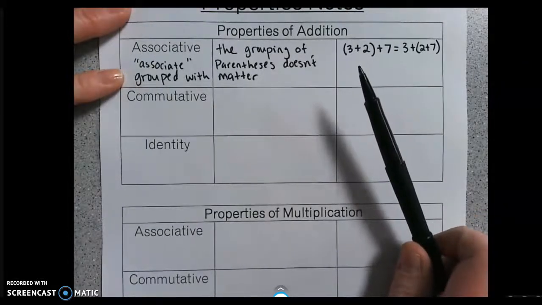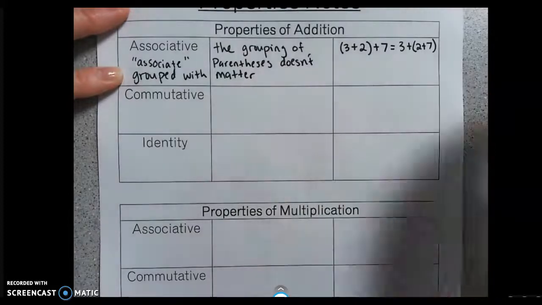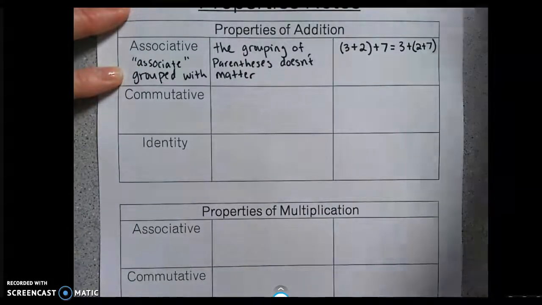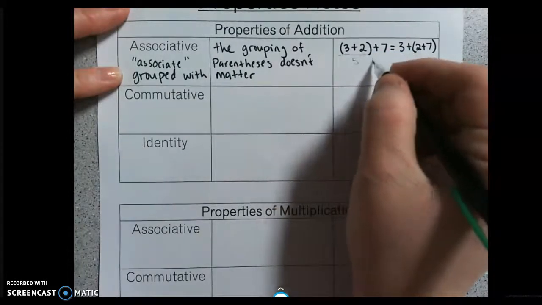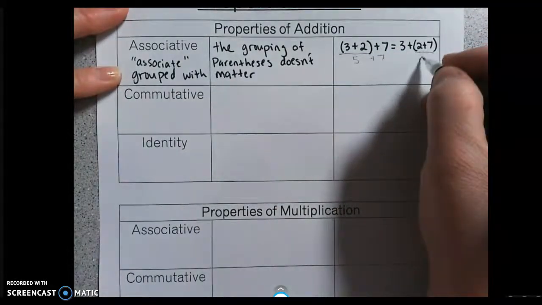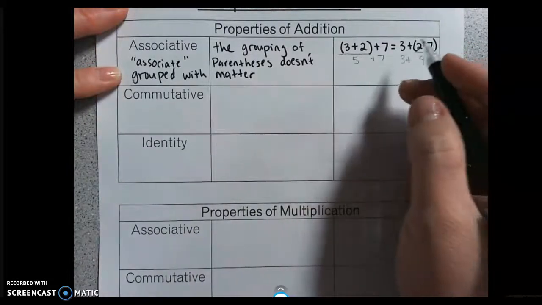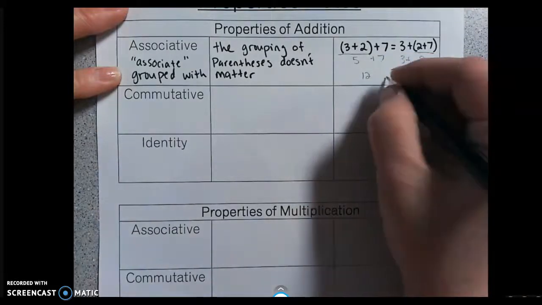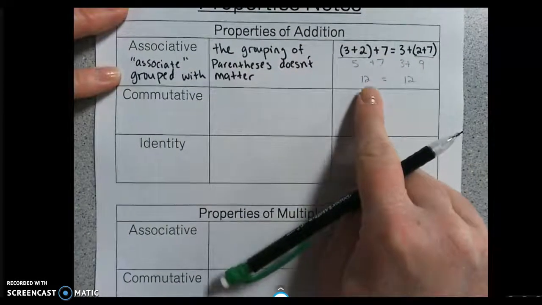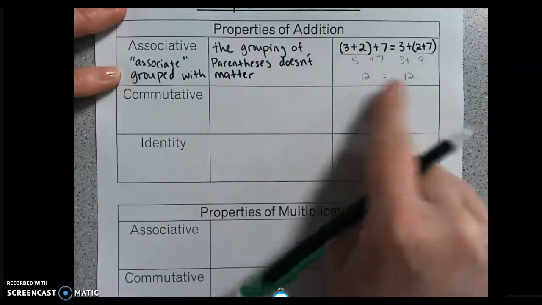Same deal here. If you follow order of operations and you do parentheses first and you solve what's inside there, what you have on this part is 5 plus 7, and then you've got 9 plus 3. Well, 5 plus 7 is 12. And 9 plus 3 is also 12. So do you see that the way you group the numbers doesn't change the answer?